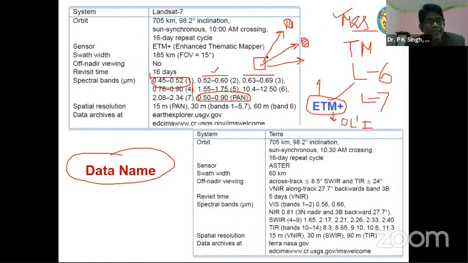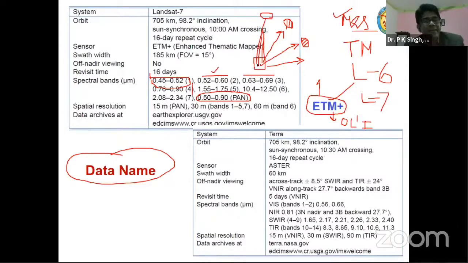So if you are decreasing this pixel size, the energy coming from that area may not be detected by the sensor. So it will be blank, it will be blind. But if you are taking all the waves from blue, green, red, near infrared into one sensor, so definitely some part of the energy will be coming, because your spectral range has been enhanced.